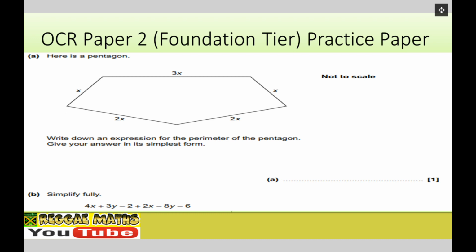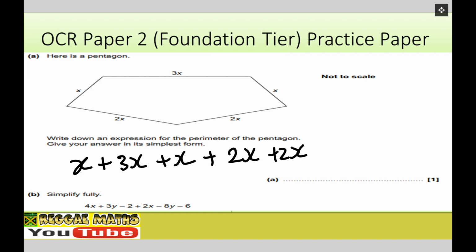Give your answer in its simplest form. So we have x plus 3x plus x plus 2x plus 2x. So collect like terms. So we have 1x, 4x, 5x, 7x, 9x.